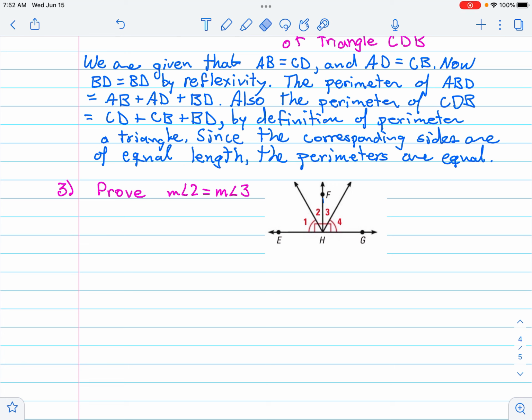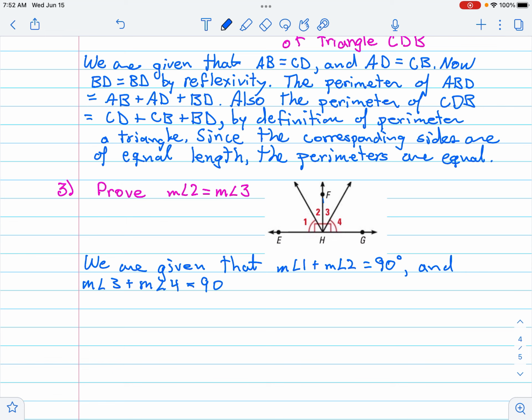We are given that the measure of angle 1 plus the measure of angle 2 equals 90 degrees, and the measure of angle 3 plus the measure of angle 4 is equal to 90 degrees.